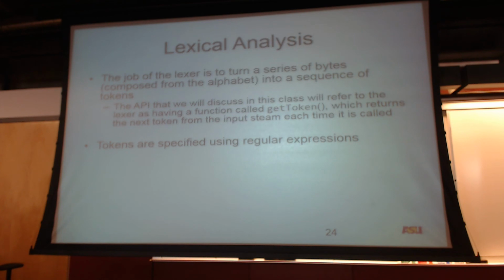Tokens are specified using regular expressions. This is the pictorial view: you have a source file which has a program. You input it to the Lexer and it gives you num, ID, operator, ID, decimal, and so on. Right? Every time you call getToken, it gives you one token, then the next one.